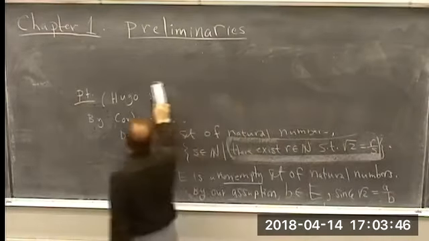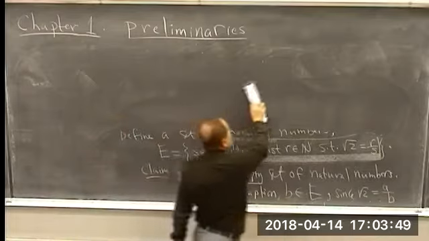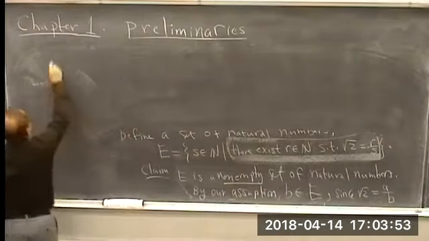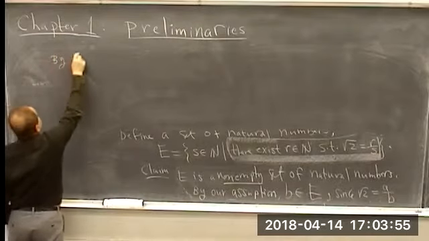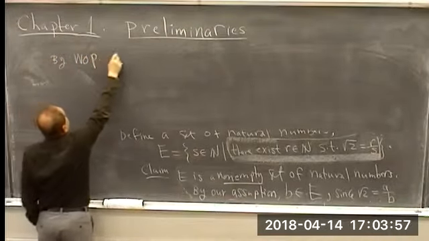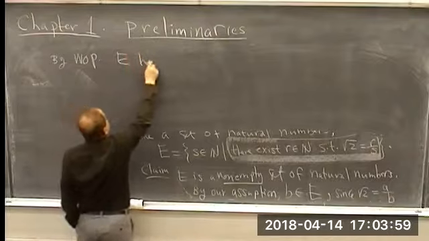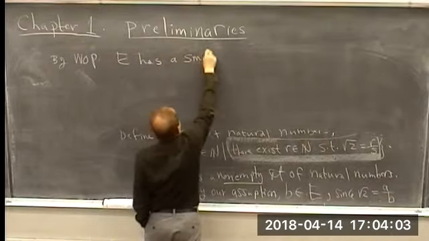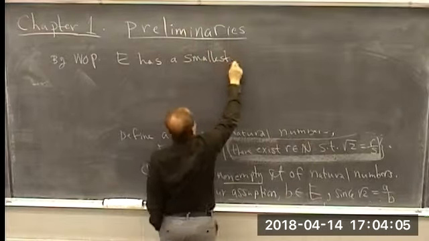Okay? So by the well ordering principle, E has a smallest element.